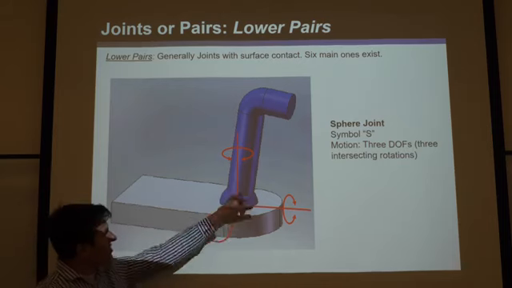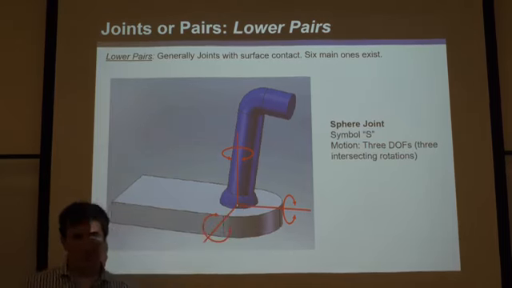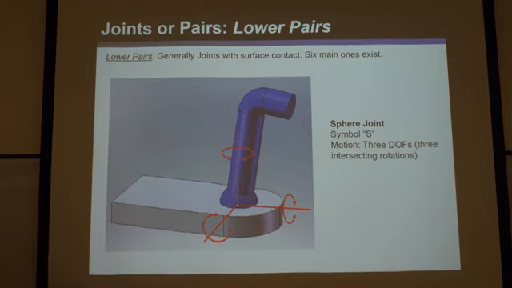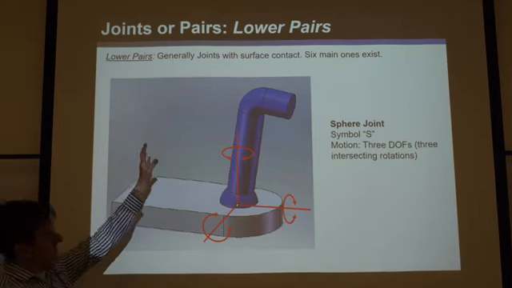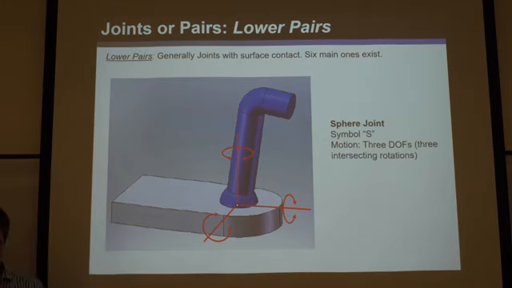You could imagine it could rotate around all 3 of these axes, and really any rotation that intersects the center of the sphere is what it can do. But that results in 3 independent degrees of freedom. Again, a lot of students start learning in their mind that lower pairs have to do with single degree of freedom joints. It's not the case. It's just surface area contact. That makes it a lower pair.